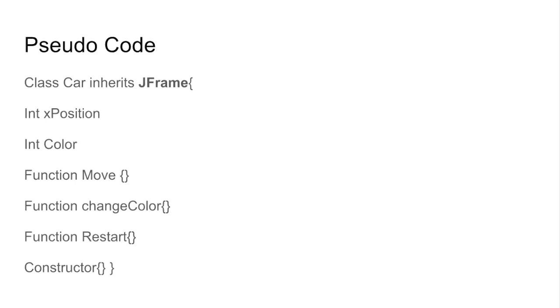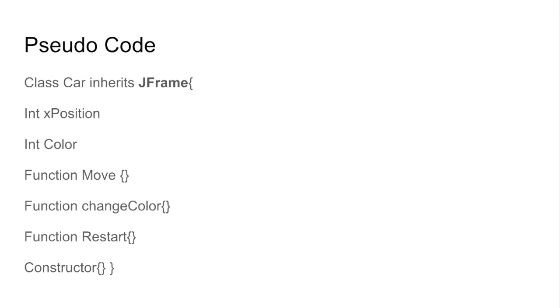Now let's talk about our pseudocode. Pseudocode is basically just a simple way of showing all our code in English, not actually in our coding language, though you still need a basic understanding of coding. So we have our class Car, which we talked about, and it inherits JFrame, which we talked about earlier. We're going to have an integer position and an integer color.